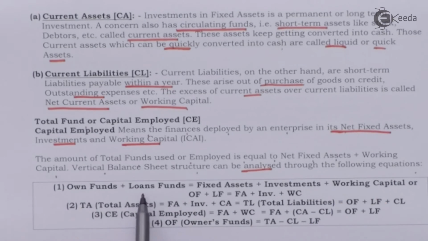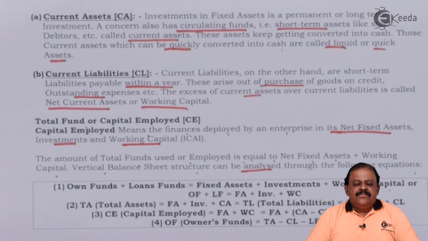Own funds plus loan funds is equal to fixed assets plus investment plus working capital. Total assets is equal to fixed assets plus investment plus current assets. Total liabilities is equal to owner's fund plus borrowed funds, etc. Thus, we have understood how to prepare a vertical balance sheet, what items are to be included, how they are to be grouped, what headings should be put, and how it has to be classified.